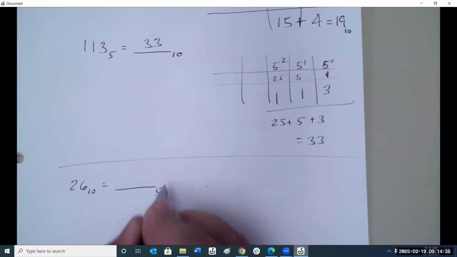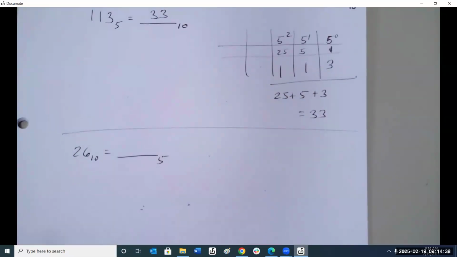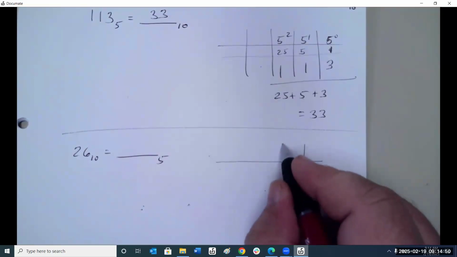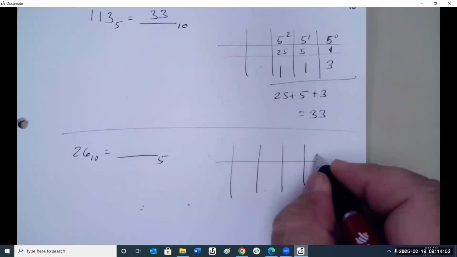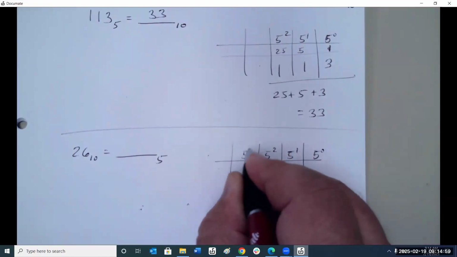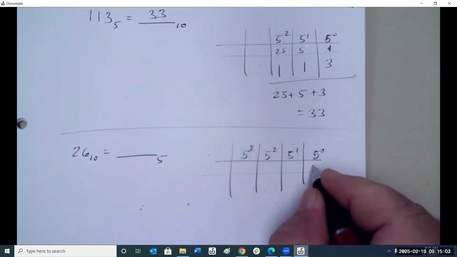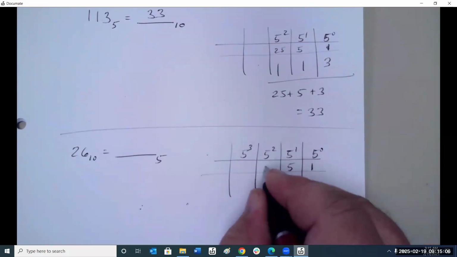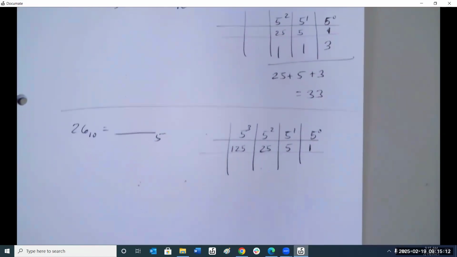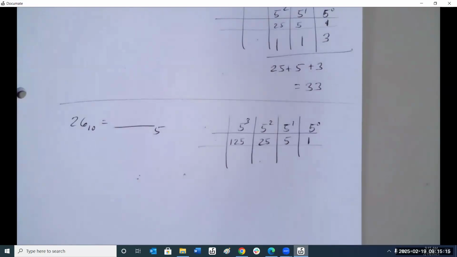Let's go backwards. What is 26 base 10 in base 5 numbers? Okay, when you do this, you have to work backwards. 26.